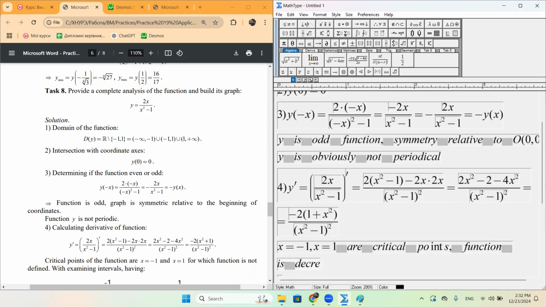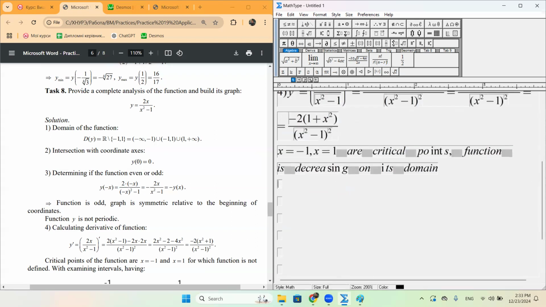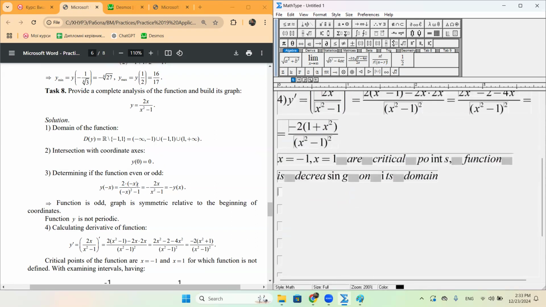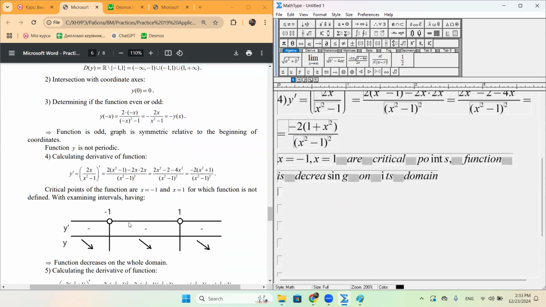So the function is decreasing. So we are done with the monotonicity investigation.